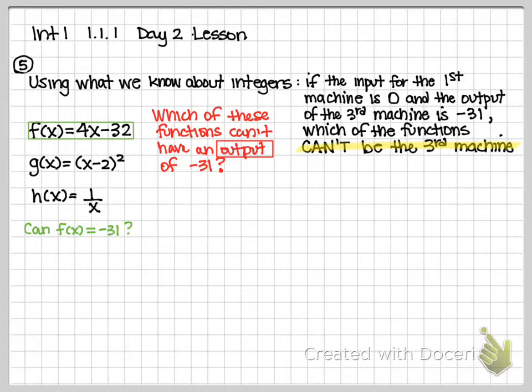That's ultimately the question. So I want to take my f of x function, which is 4x minus 32, and I'm going to set it equal to negative 31. And I'm going to ask myself, can I solve for x?